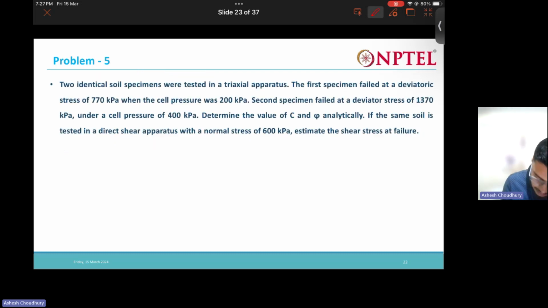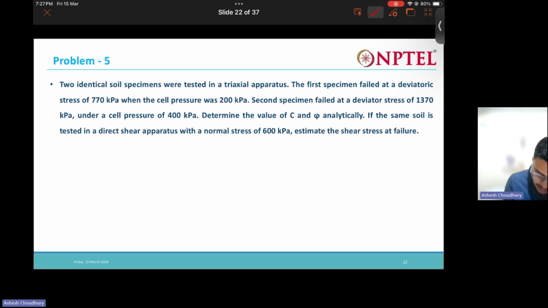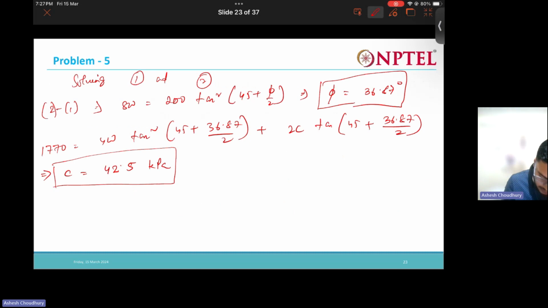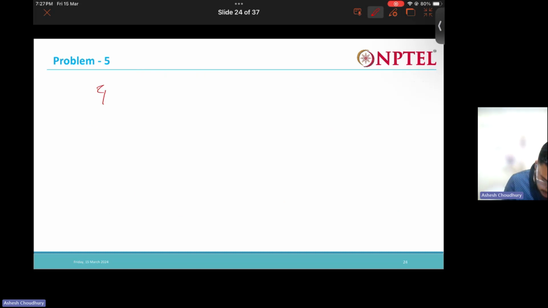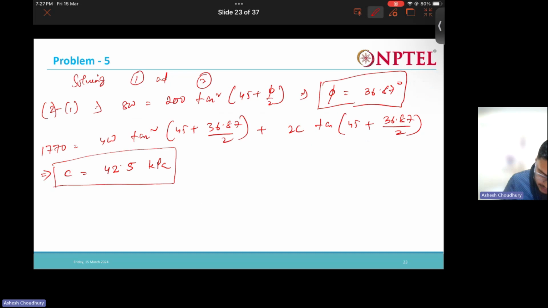Now what is the second part? If the same soil is tested with a given normal stress, estimate the shear stress at failure. So for that, what you will do, see, I know the normal stress, it's given in the question.